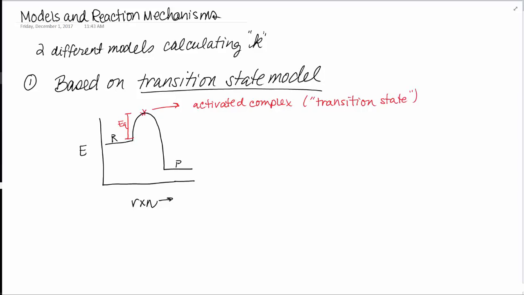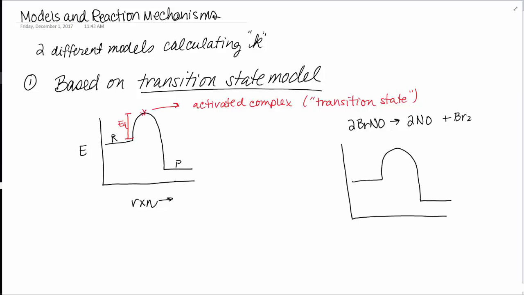So if I were to compare that to a reaction, let's say this reaction was 2 BrNO, which reacts and decomposes into 2 nitrogen monoxide and a bromine, and this is an exothermic reaction. So here's my 2 reactants, and here's my products.